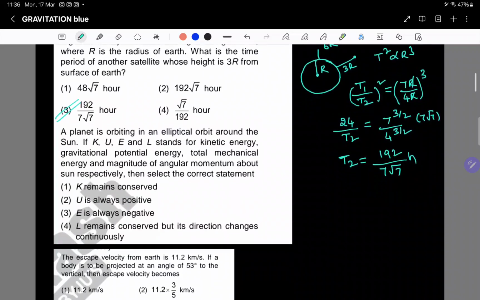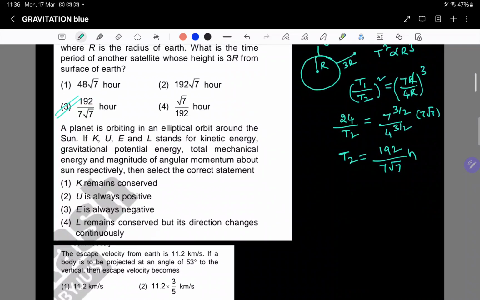Yes, next question. A planet is orbiting in an elliptical orbit around the sun. K is kinetic energy, U is potential energy, T is total energy, and L is angular momentum about the sun respectively. Then select the correct statement, students.